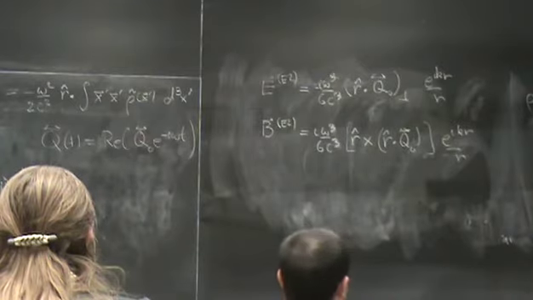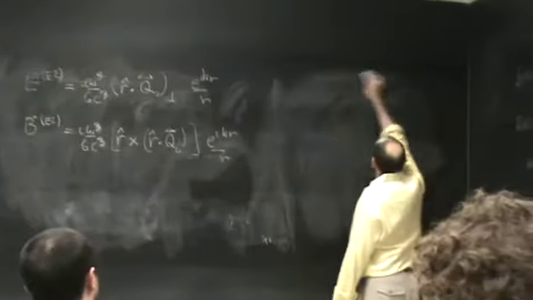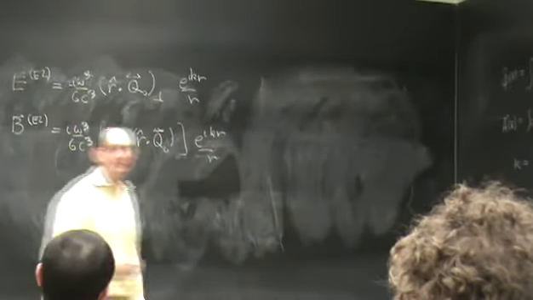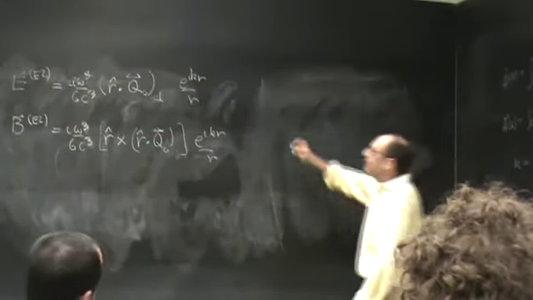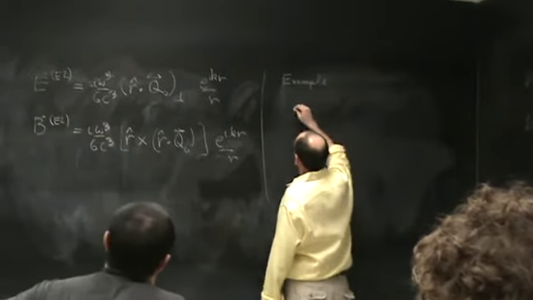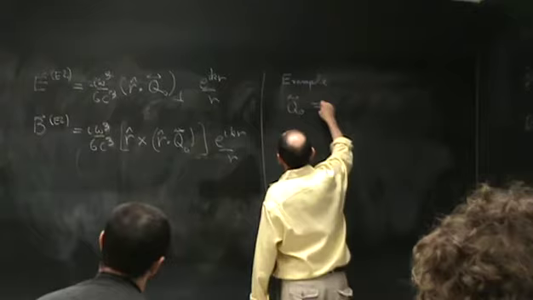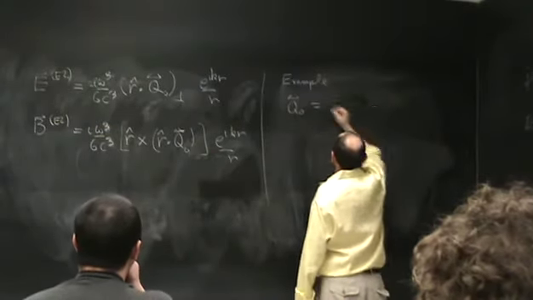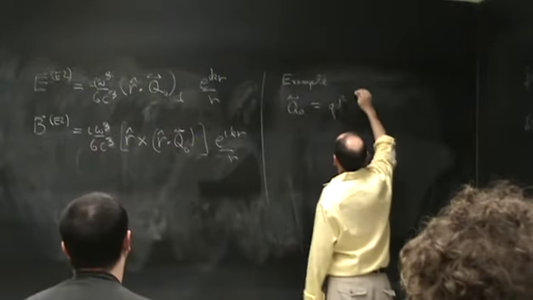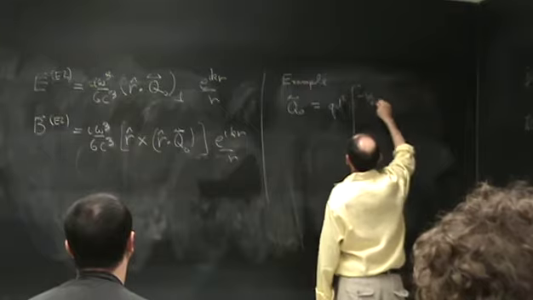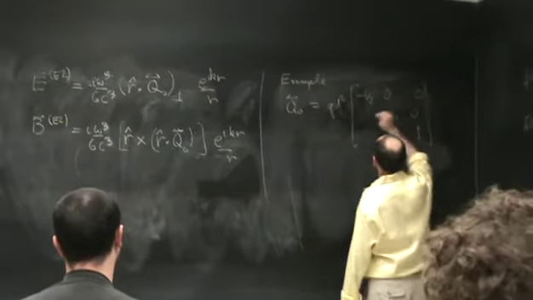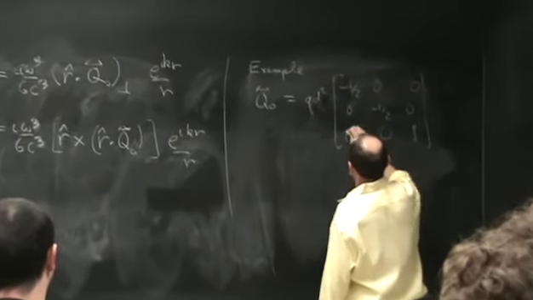Let's look at the example of my knee bend squats. Let's look at an example where Q0 is the following: some Q d squared, say, times the matrix, which is the tensor representation in Cartesian coordinates, like this.